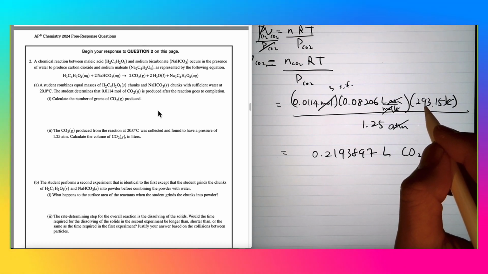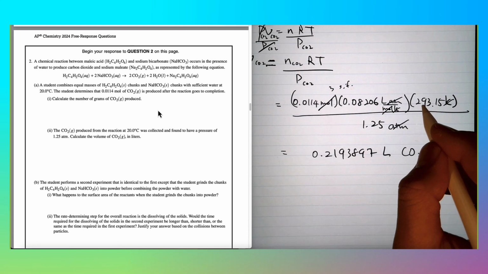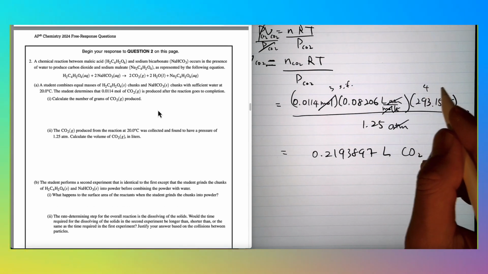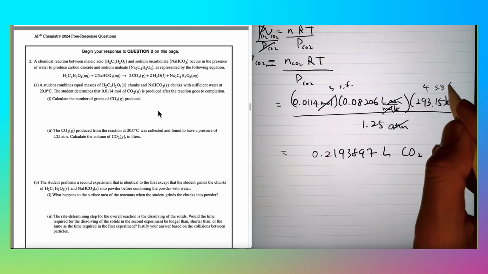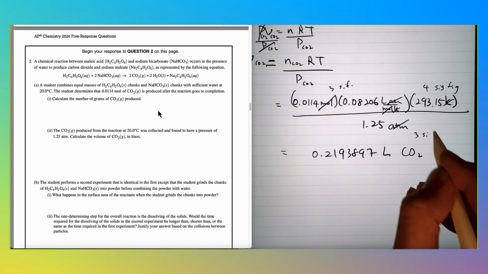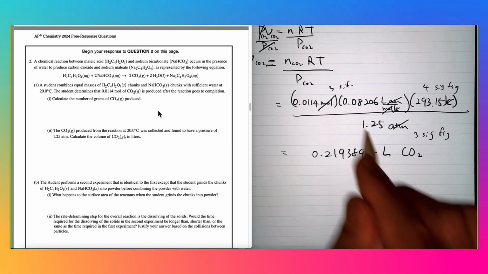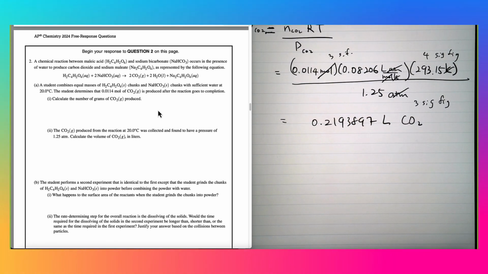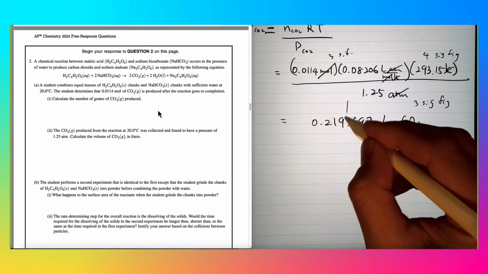What was the temperature? 20 Celsius, 20.0. We might have 4 sig figs here. Yeah, we have 3 sig figs here. So we need to keep 3 sig figs, because you always want to go with the least number of sig figs when you multiply or divide. So I'm going to draw a line here.